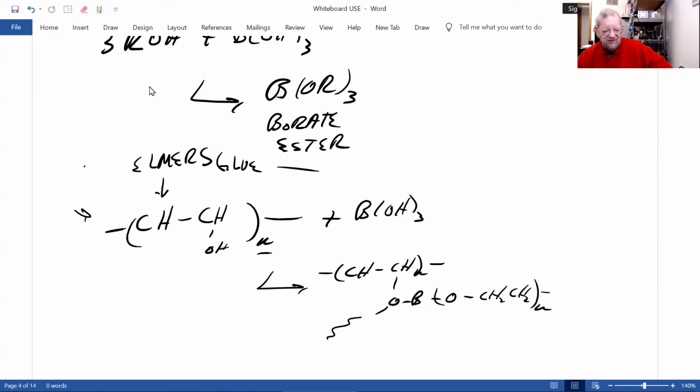And there'd be another chain here. And now you're making really, really large polymer molecules.